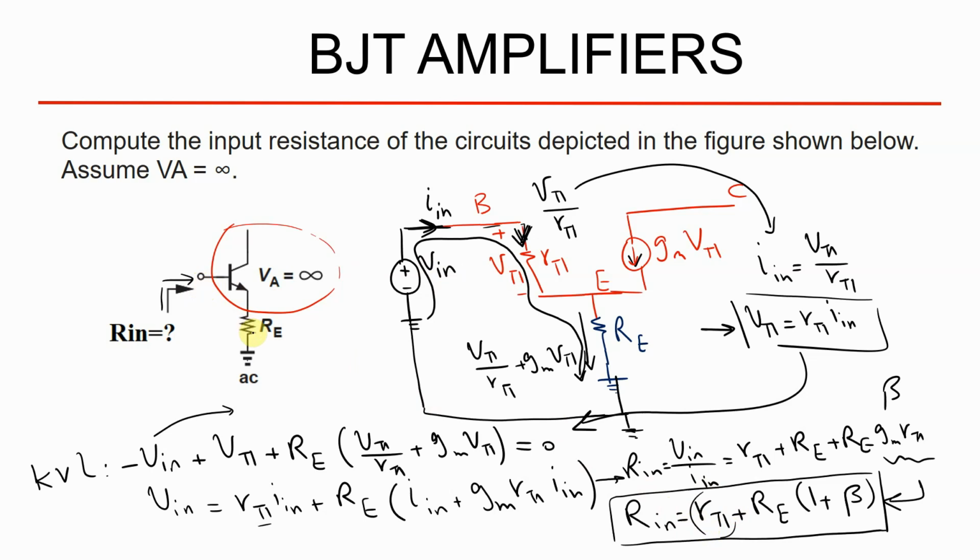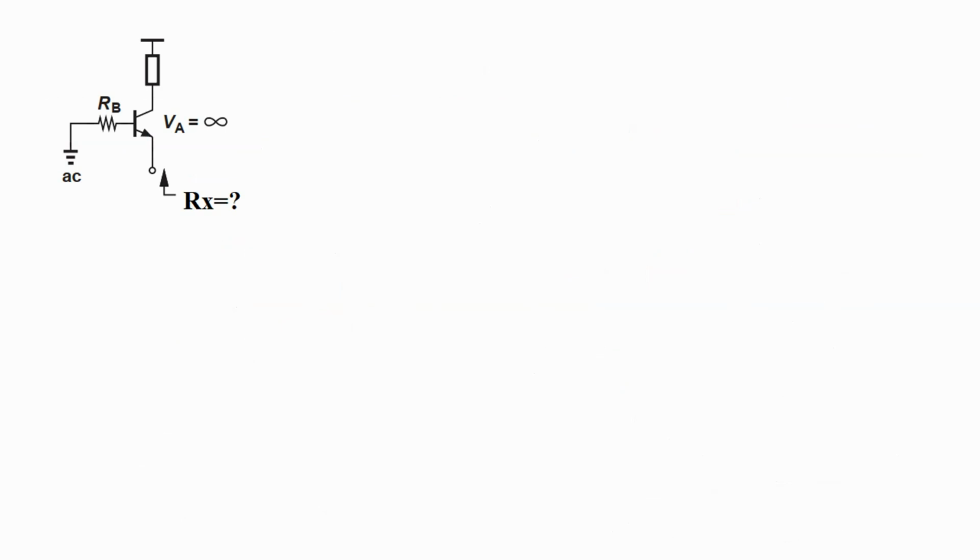But in order to drag RE and put it into the base, because the emitter current of this device is beta plus 1 times I base, you have to multiply this resistance by this beta plus 1. So by having this node at the end, you can memorize it so easily. Now let's get through the other example.